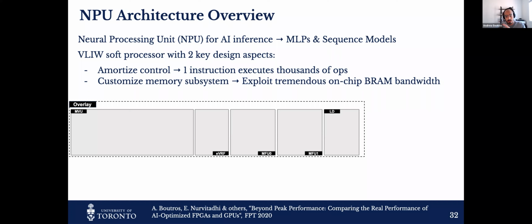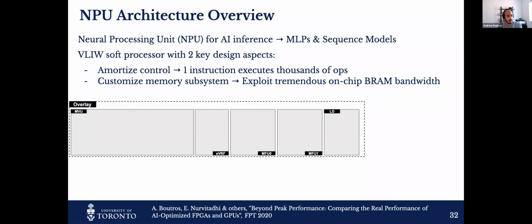We tried to reverse engineer the missing details from the Microsoft ISCA paper and replicate the architecture to the best of our ability. But then later on, we took this architecture and migrated it to newer AI optimized FPGAs to gain much higher performance than what Brainwave could achieve when it was published.